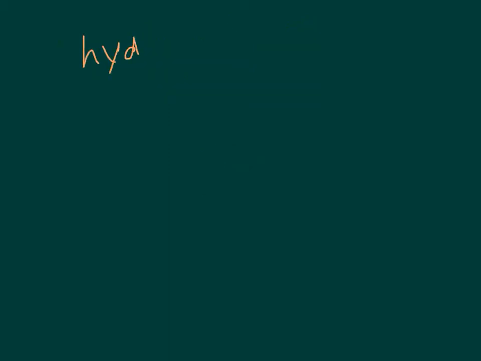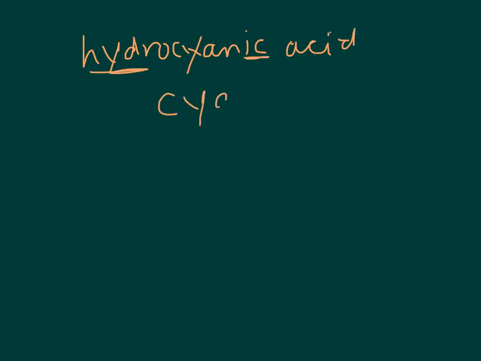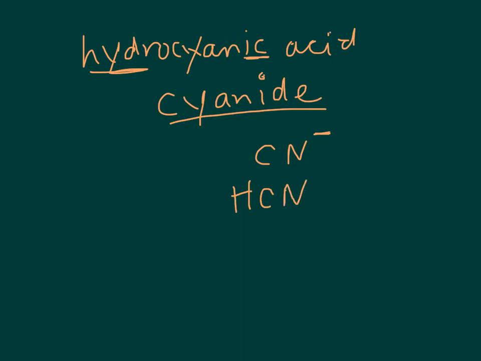It's hydrocyanic acid. Again, the clue here is ick and hydro, so it means it came from cyanide. And you will find cyanide, it's not on the periodic table, it's on the pink sheet. You'll find cyanide, it's a CN minus. If it's a 1 minus, you just need 1 H, so HCN, hydrocyanic acid.